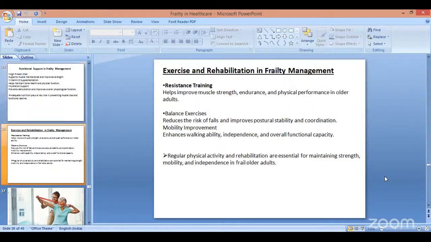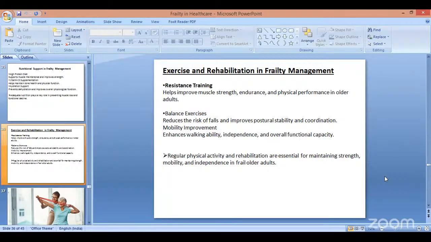Exercise and rehabilitation in frailty management. As we already discussed, there are different types of exercises. Resistance training helps improve muscle strength, endurance, and physical performance in older adults. Then there is balance exercise. It will reduce the risk of falls and improve postural stability and coordination.